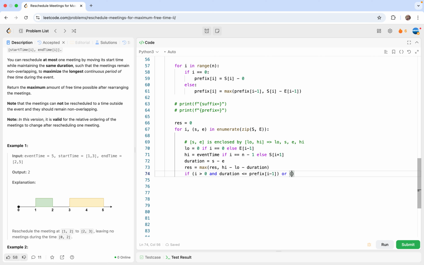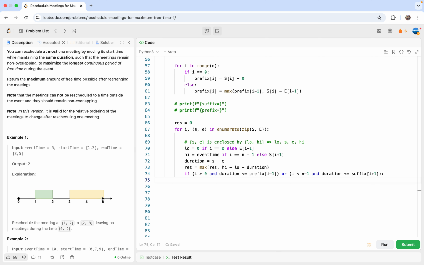And symmetrically, you also need to consider if i is less than n minus 1 and the duration is less than or equal to suffix i plus 1, right? For example, here, if you consider meeting 0, if I want to move to the right, you need to consider suffix 1, right?